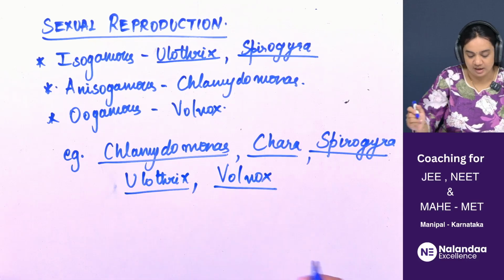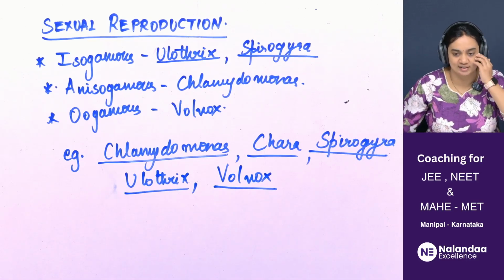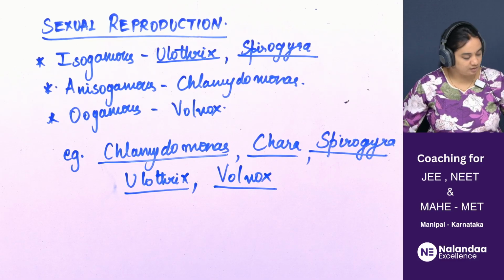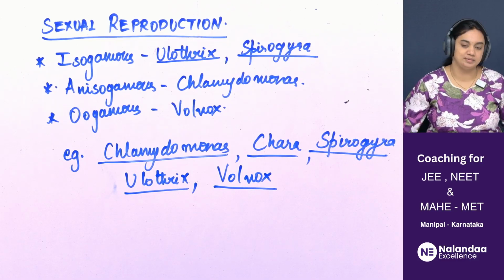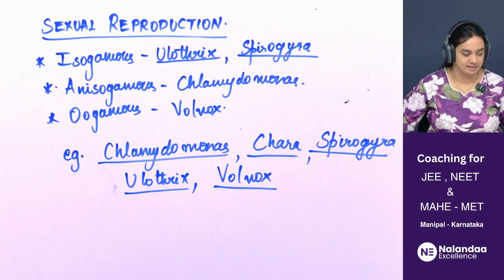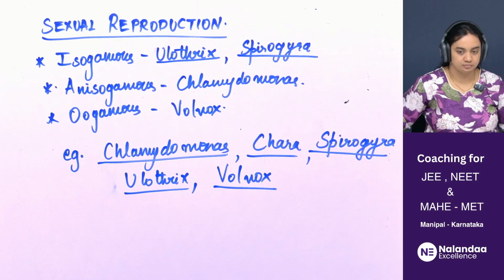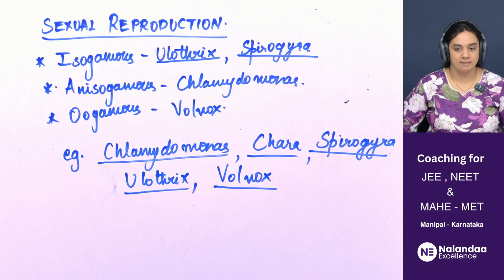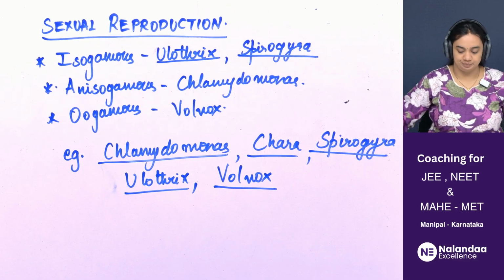All these are examples of class Chlorophyceae. Any 3 to 4 you might have to remember. Clear? This is about class Chlorophyceae. Can we move to the next topic? Phaeophyceae.